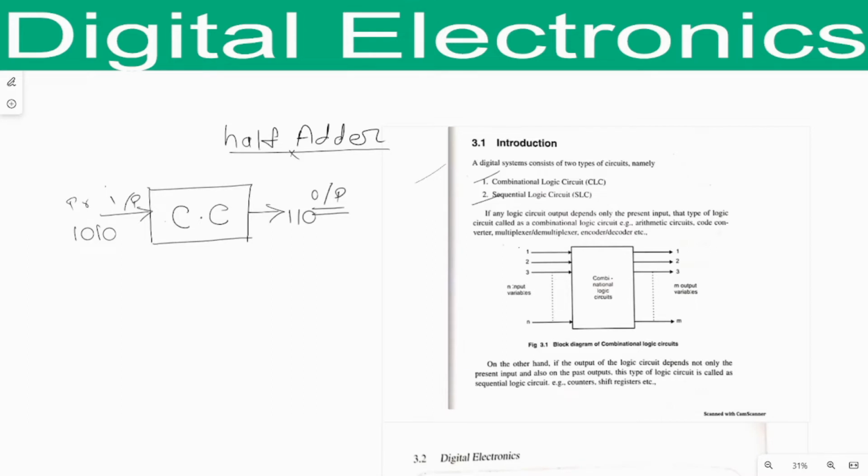Here n different inputs are there, and accordingly we are getting m different outputs. Each output is obtained when the present input is provided to the circuit. So I repeat the definition of combinational circuit: a combinational circuit is one in which the present output depends on the present input only.